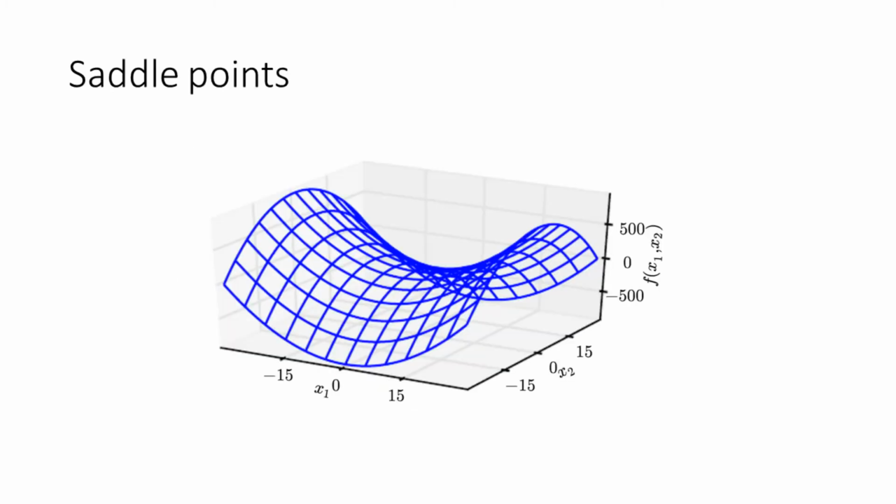This I think is a better picture of a saddle point, and I think it describes why we call it a saddle point. This is a function over two variables, and it achieves a minimum with respect to x1 at x1 equals 0, but at x2 equals 0, it achieves a maximum. So at the point 0, 0, it's called a saddle point because it's a minimum with respect to x1 and a maximum with respect to x2.